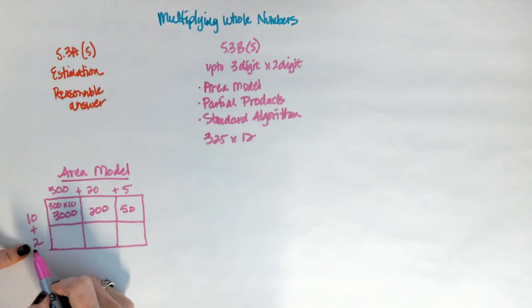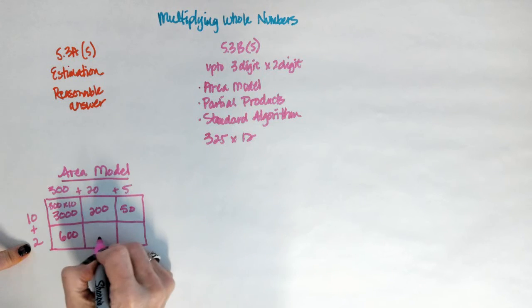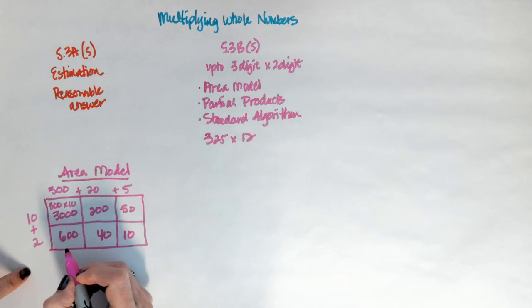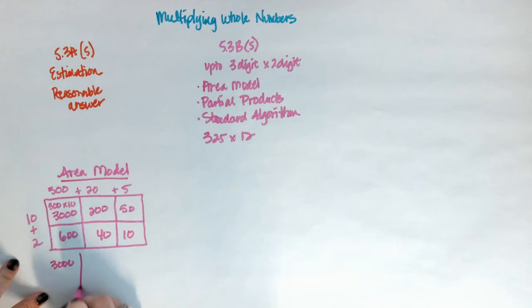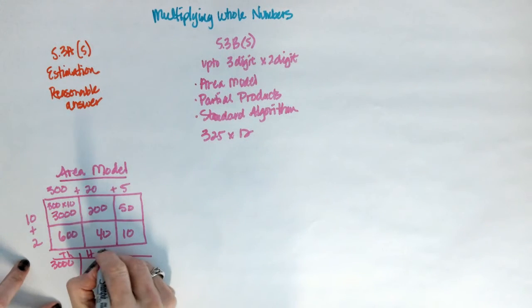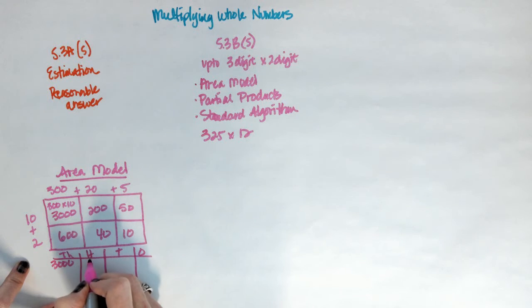Then we would do 300 times 2 is 600. 20 times 2 is 40. 5 times 2 is 10. Then we would need to add these together. So we would have 3,000, and sometimes it helps, you'll see kids do, in this case we don't have any ones because it's a 10.